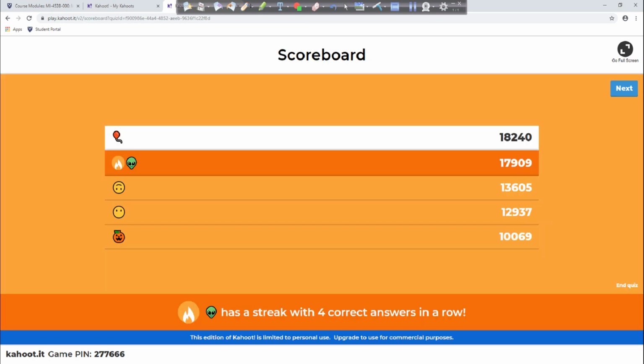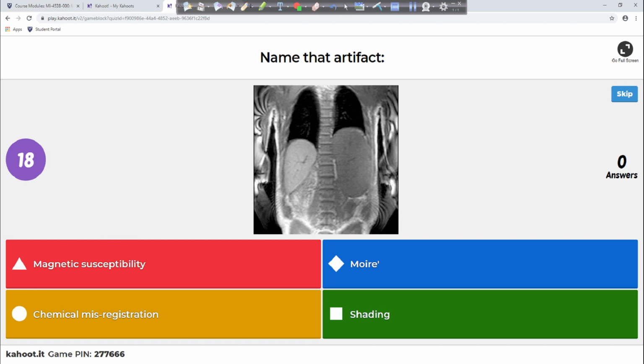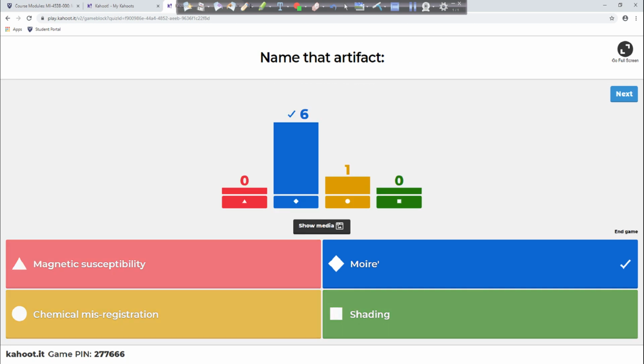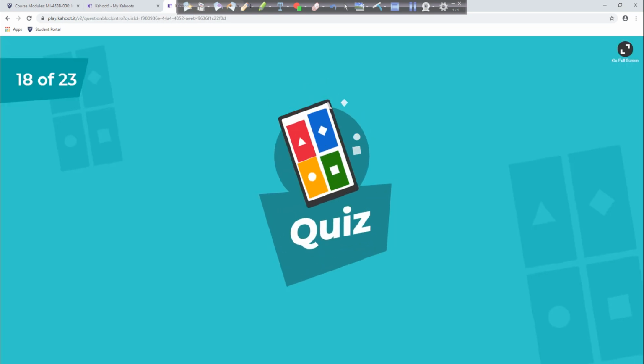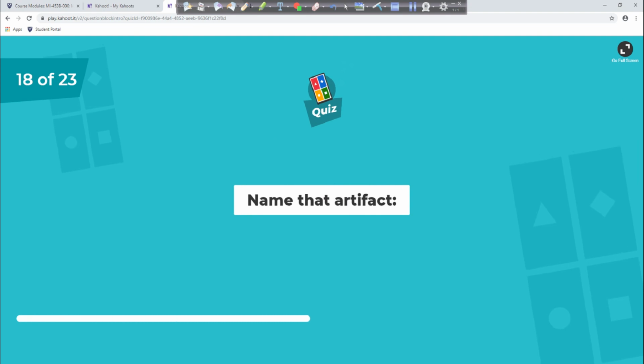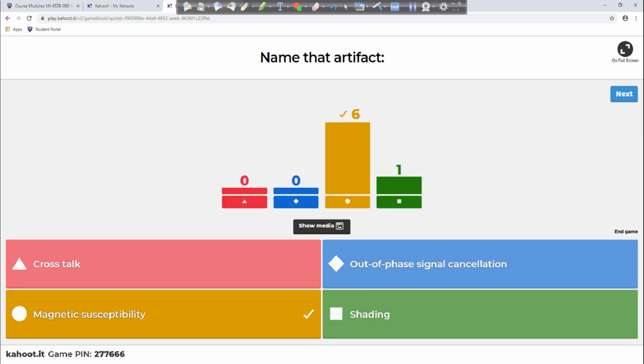Ripple artifact. Zebra. Moire. Knee replacement.